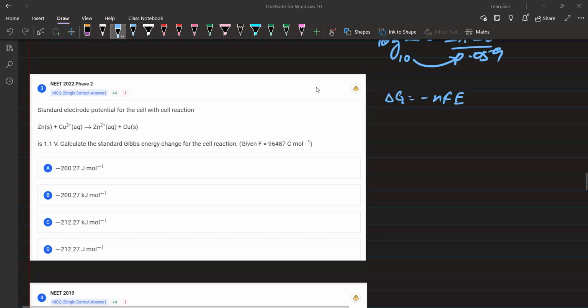Hope you guys are taking the value of F as 96487, because if they have given that value, then you have to use that value.